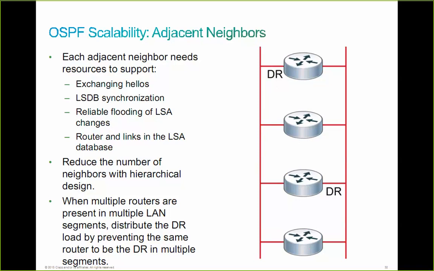Every router generates Type 1 LSAs. Now, I know what you mean, Gabe, when you say in the area itself, because Type 1 LSAs are intra-area, they're not inter-area. So Type 1 LSAs do not leave the area, not directly anyway, because they become Type 3 LSAs when they go through the ABR.